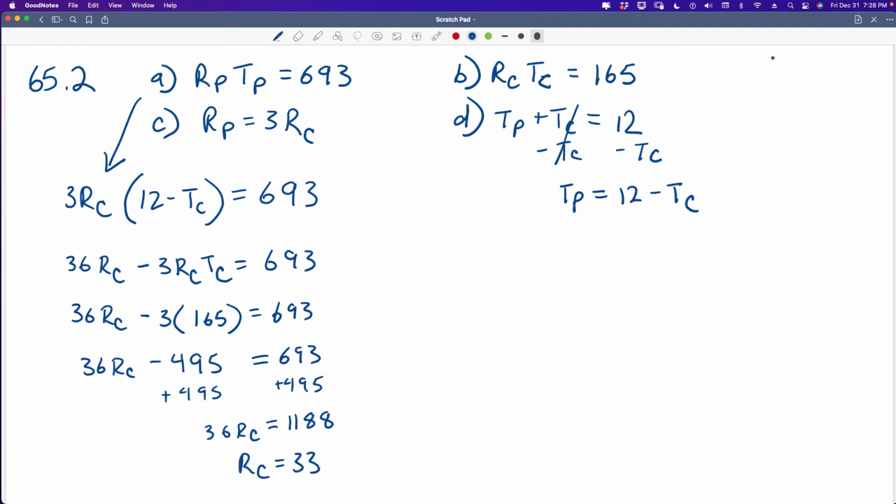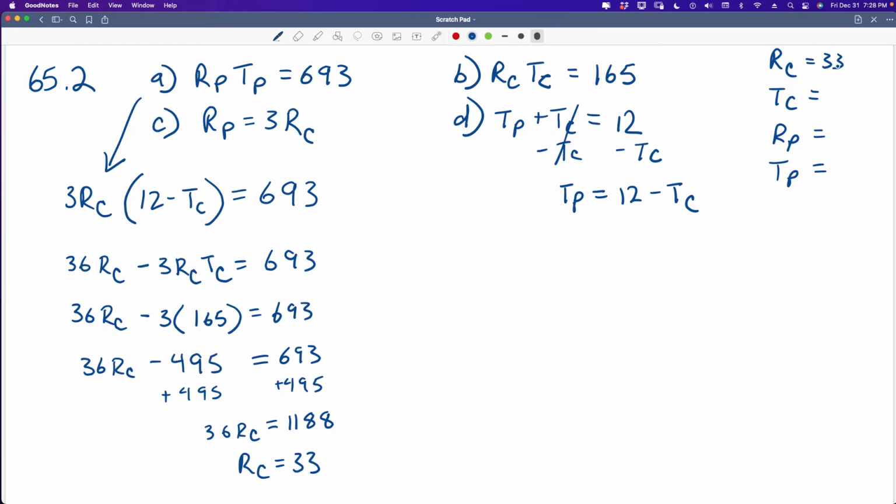I'm going to say RC is equal to 33. TC is equal to something. RP is equal to something. And TP is equal to something. Right? So now that I have RC, I can solve for TC.